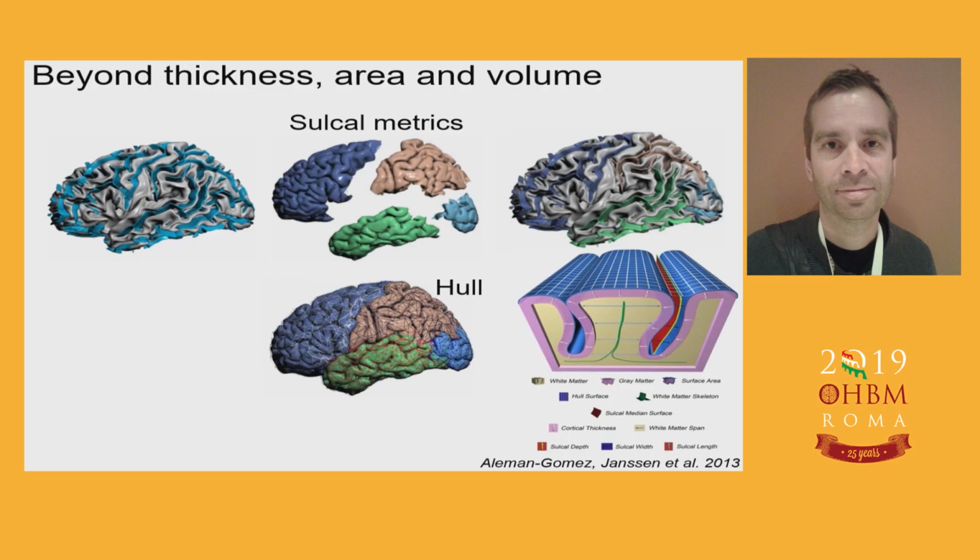This measurement gives you an estimation of exposed cortical surface, which is interesting to compare with the non-exposed cortical surface, which can be derived from the so-called median meshes. On the bottom right, you see a schematic representation of the cortex with a number of measurements that can be derived. We did this in a previous study, and these sulcal metrics are things like sulcal width, sulcal depth, and sulcal length.